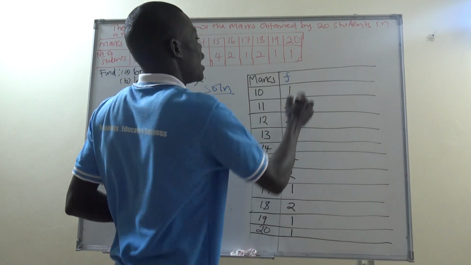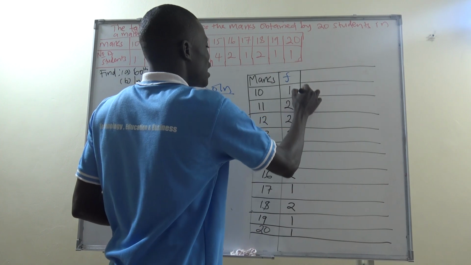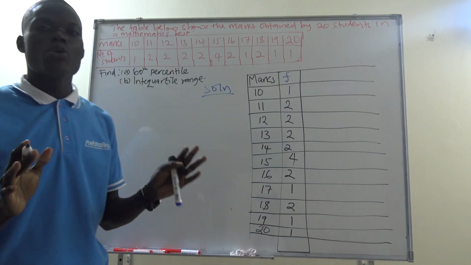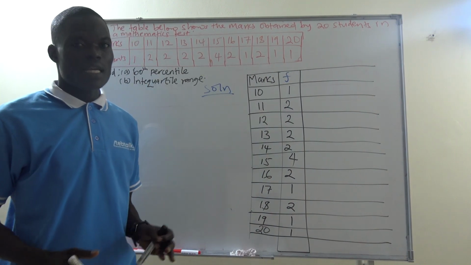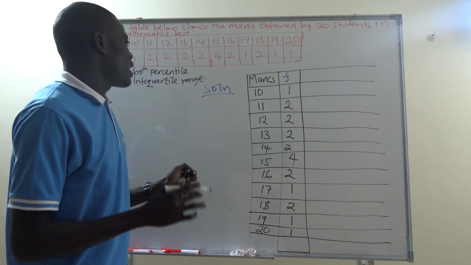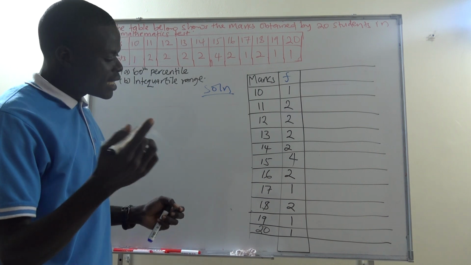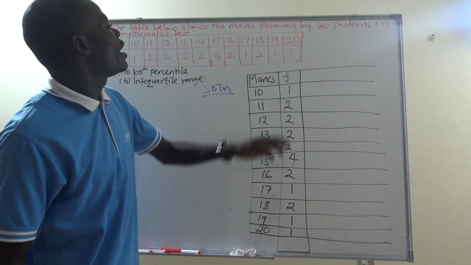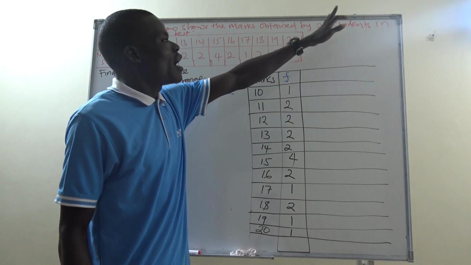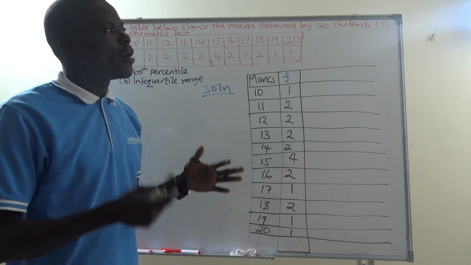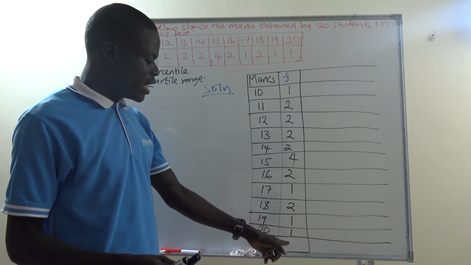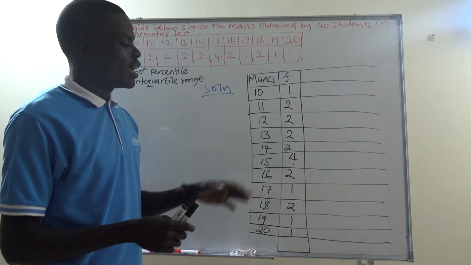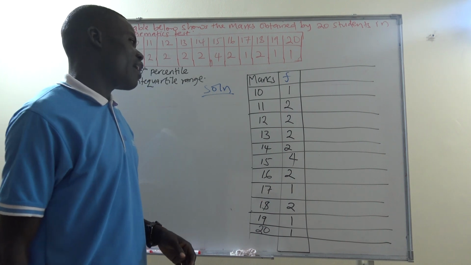And you remember what we said: so long as you finish the column for frequency, make sure you sum that frequency. Another condition we said is that after summing the frequency, if the number of students or people you are dealing with is not the same as your sum, then that one doesn't qualify.